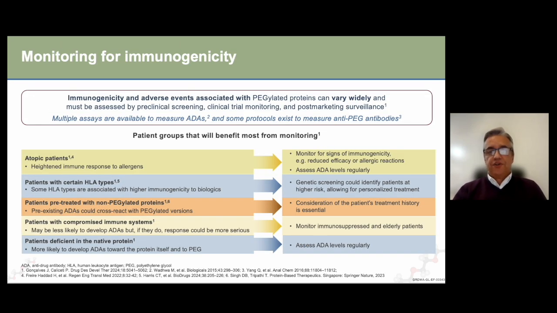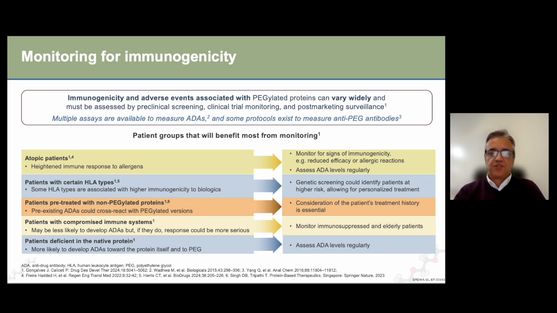So now we have to monitor immunogenicity, and monitoring immunogenicity is essential, especially in groups or patients that are at risk, such as atopic patients or those which are pre-treated with non-pegylated proteins. So these ADA levels can be measured using various assays, helping to detect reduced efficacy or adverse reactions very early.